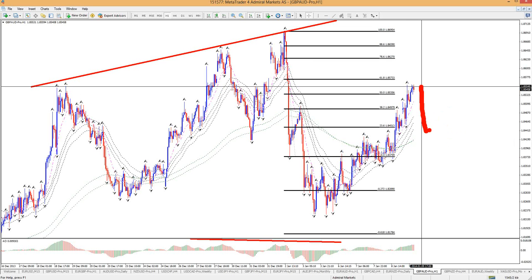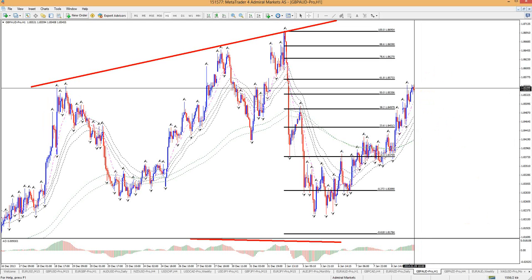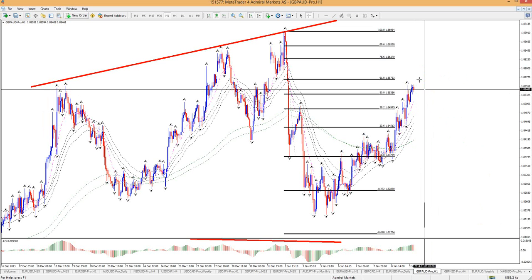Once that is in play, then I would have more trust in trading a reversal trade towards that minus 618. That would be, for me, a more reliable signal and extra confidence. Until that happens, I'm afraid that this could still push up more than the stop loss would necessarily allow. So that's my reasoning.